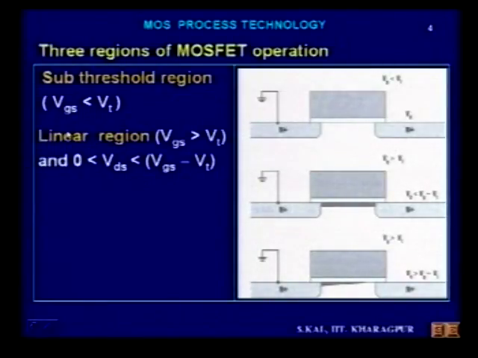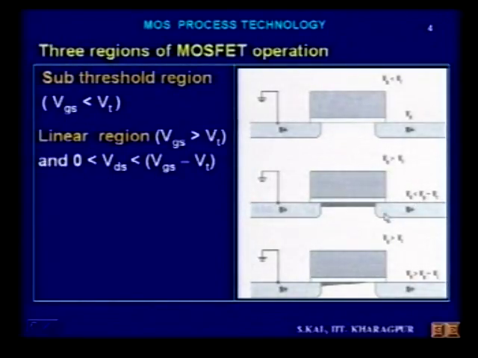The next region is known as the linear region. This is the second picture. In the linear region, VGS is greater than Vt. That means the gate to source voltage is more than Vt, so an inversion layer has already been formed here. This is the inversion layer, the channel has been formed. And there the drain source voltage is greater than 0 volt.